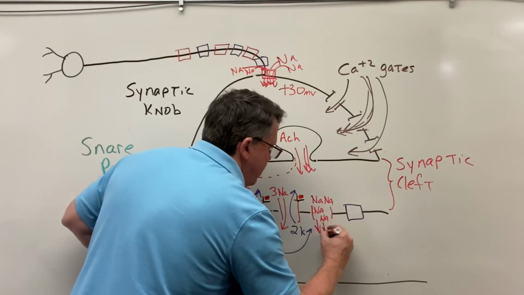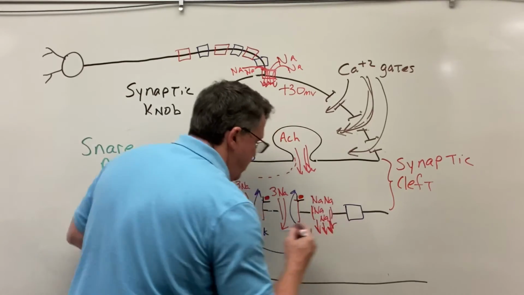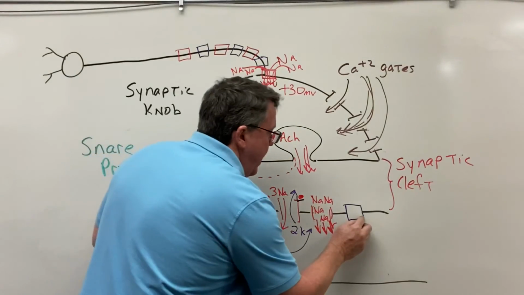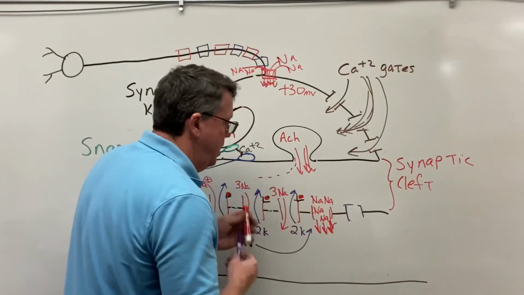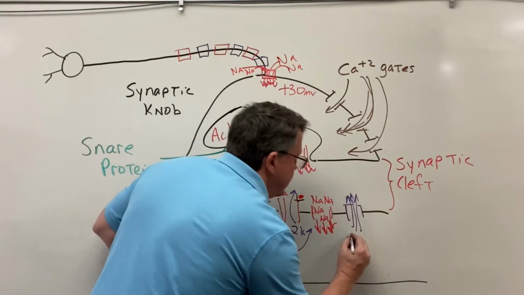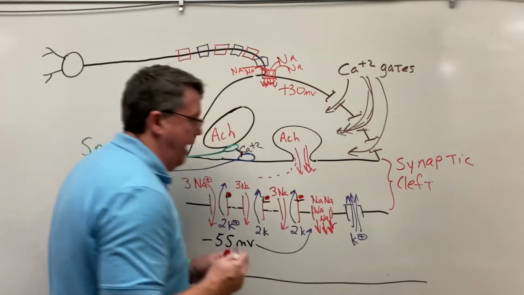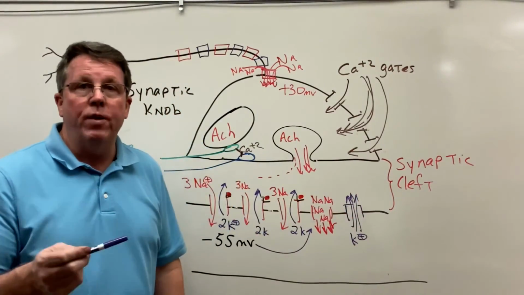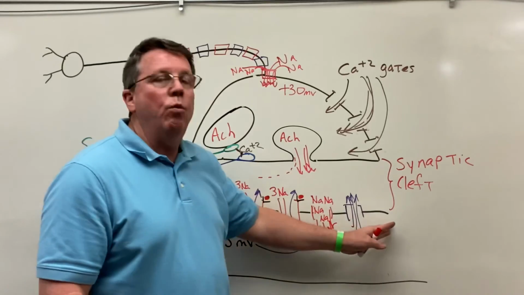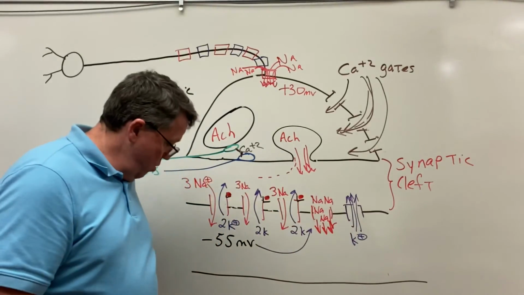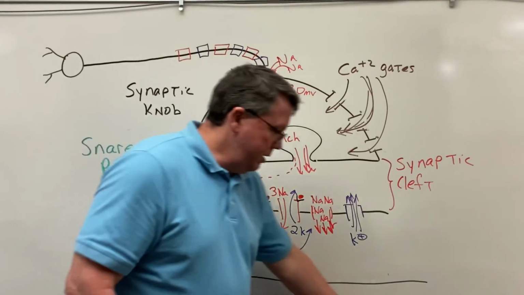You get a whole bunch of sodium rushing in, until it gets up to positive 30 again. Then these will close, these will open, and now I get a whole bunch of potassium rushing out. And that's going to continue down the nerve membrane, the sarcolemma, until we get to something called the T-tubule, which we'll learn about when we get to the muscular system.